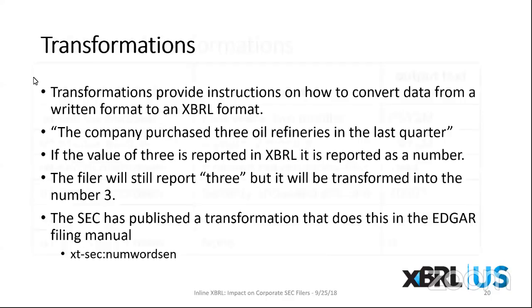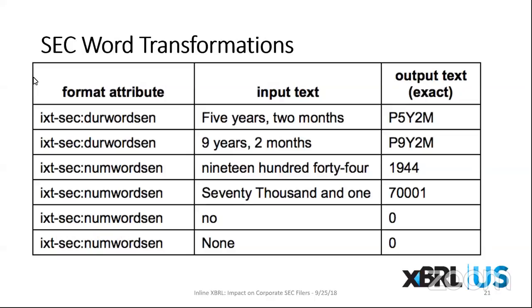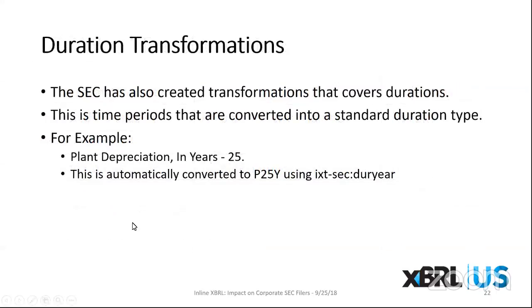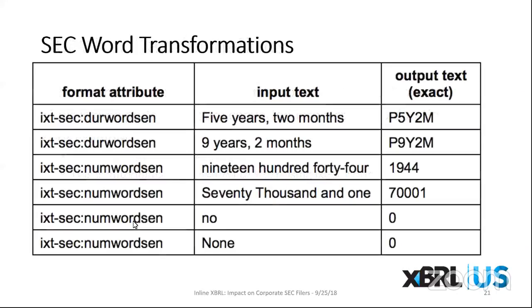If you go on to the next slide, we have a couple of other examples for word transformations. You can see we have input text like 5 years, 2 months. The output text that's going to be included in the XBRL file is the ISO format for the duration, P5Y2M. If you can go back one, there we go.